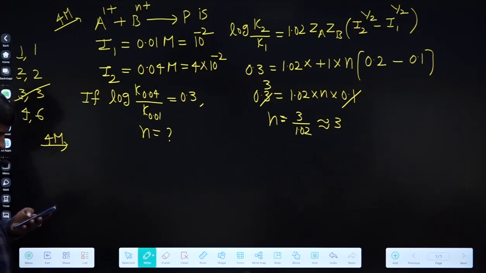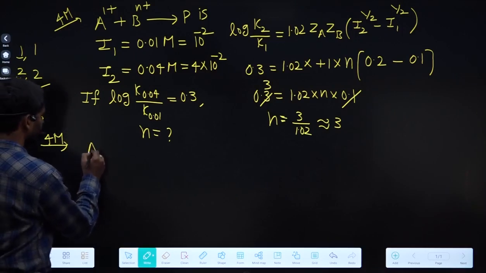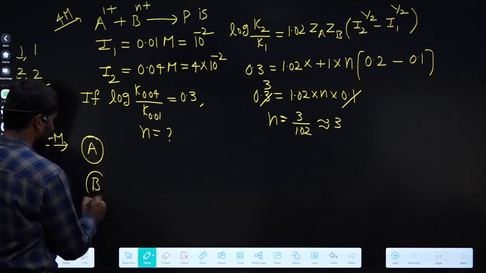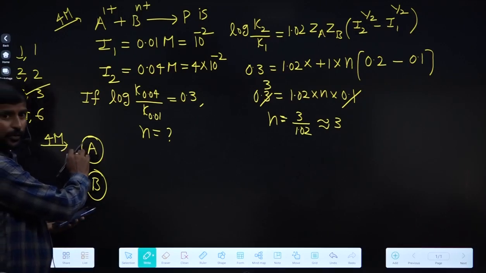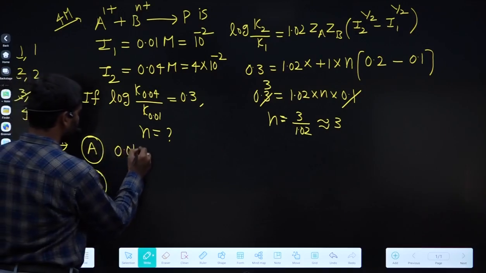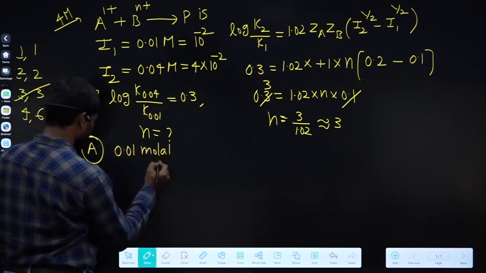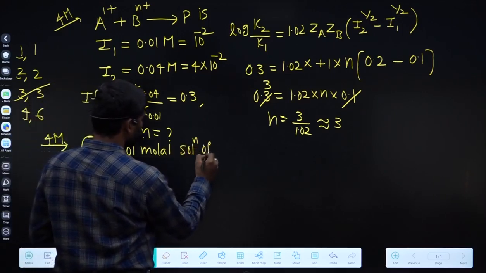Identify from the following the correct ionic strength for A, first solution: 0.01 molal solution of NaCl.